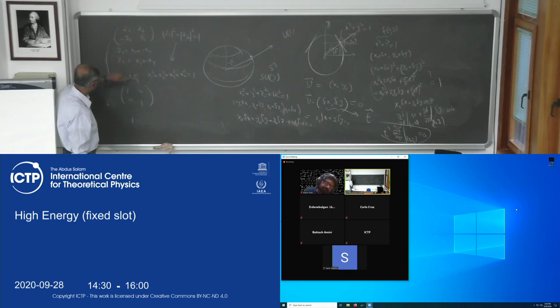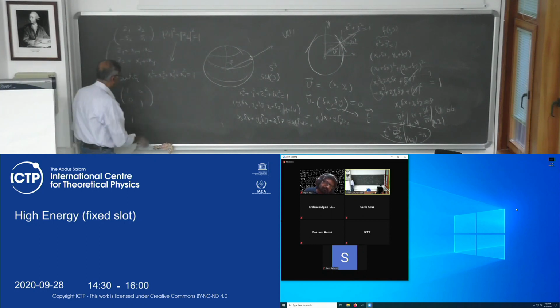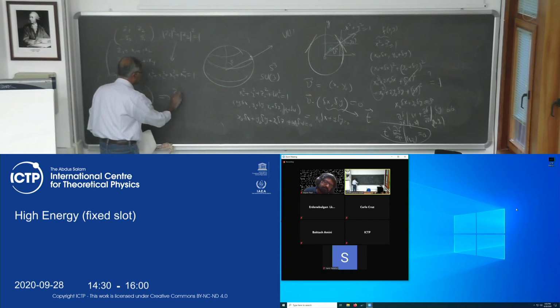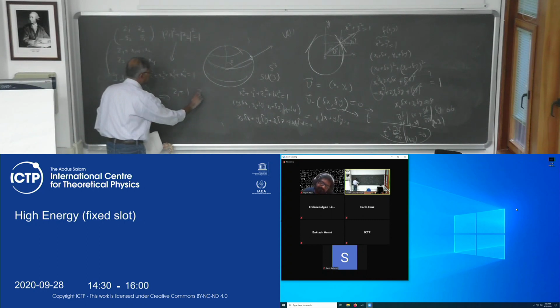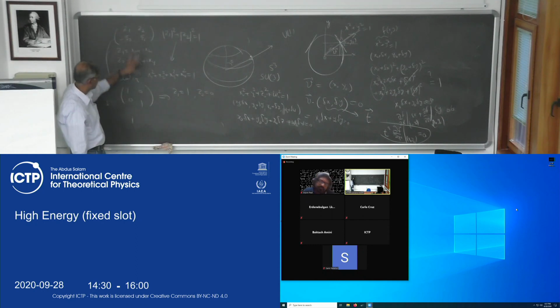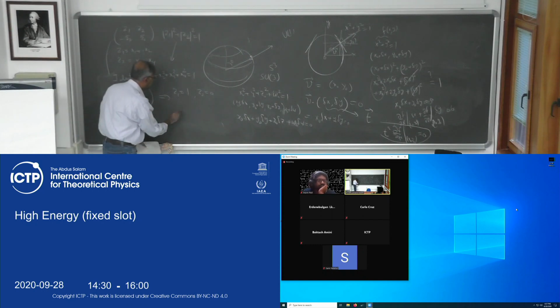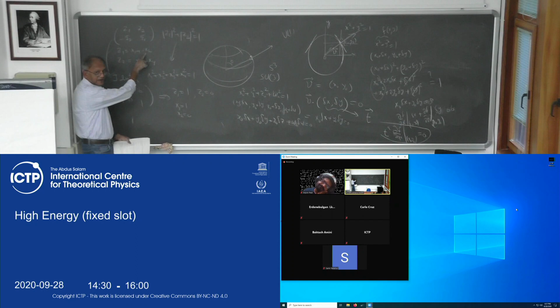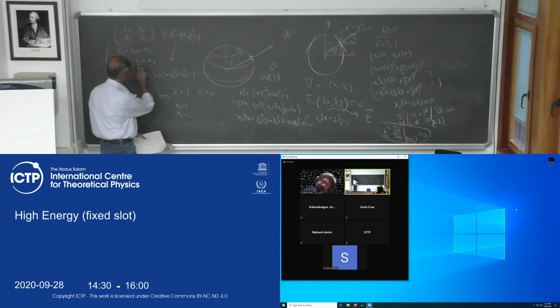This tells me that Z1 equal to 1 and Z2 equal to 0. That's a special point in this sphere. Z1 equal to 1 means X1 equal to 1 and X2 equal to 0, because Z1 was X1 plus iX2. And Z2 equal to 0 means X3 and X4 are also 0.